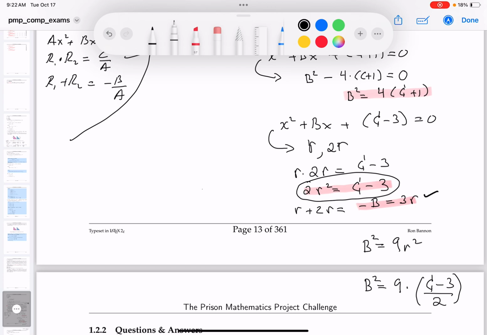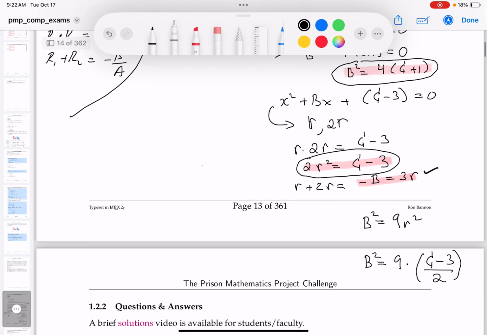Let me look at that. I notice that this up here might help me. I know what b squared is: it's going to be 4 times c plus 1.